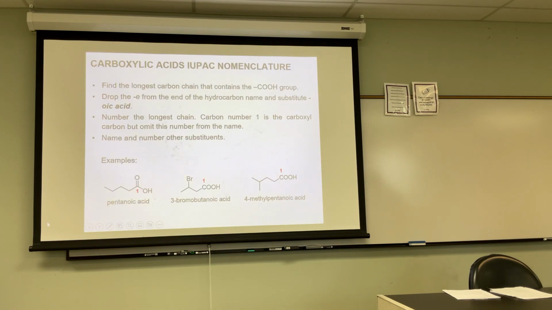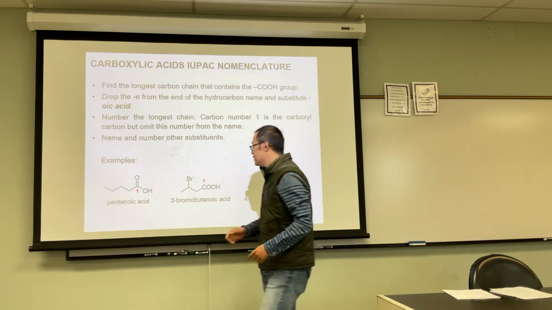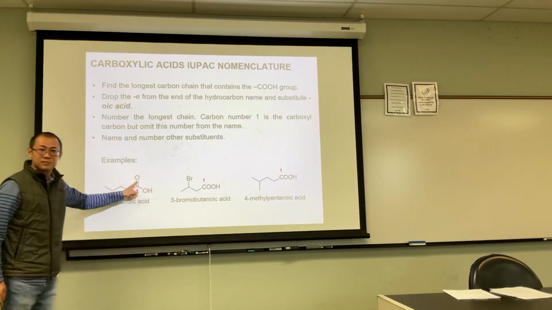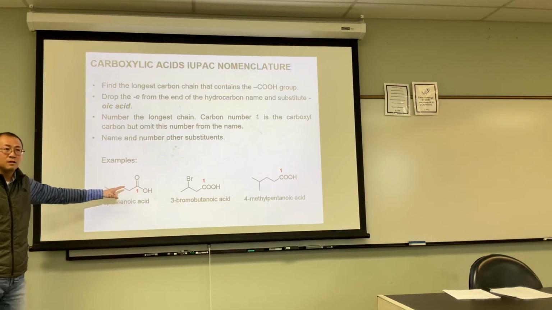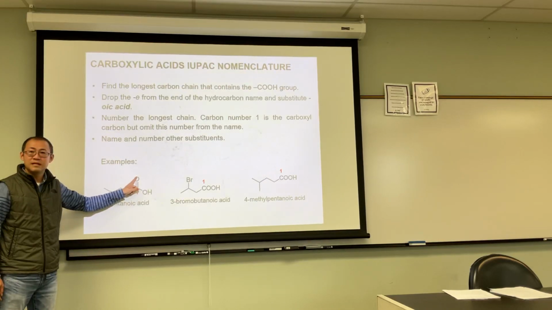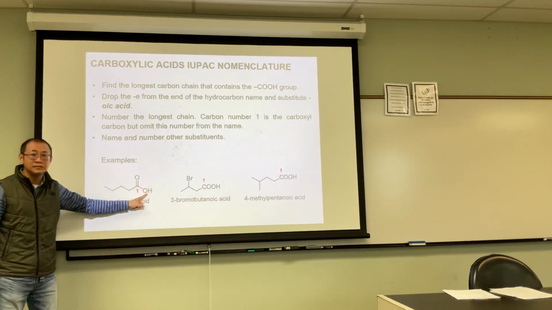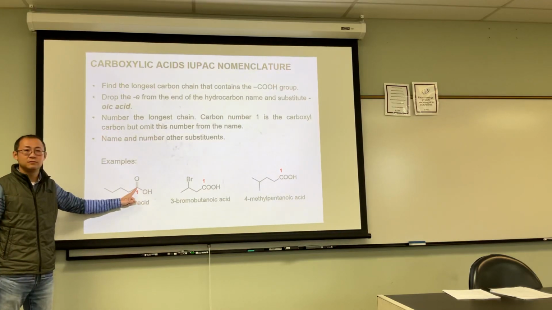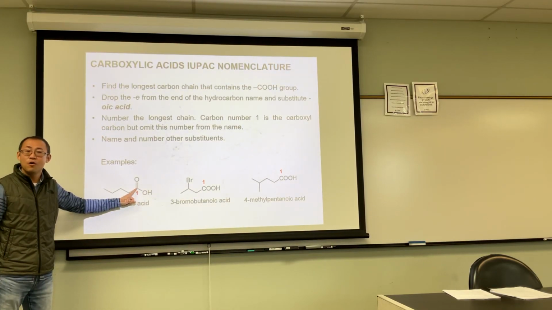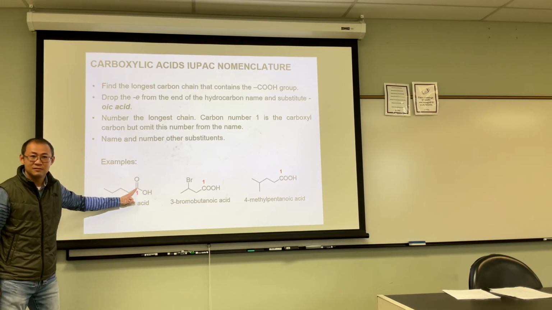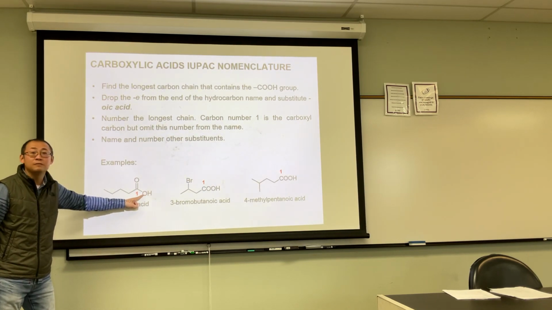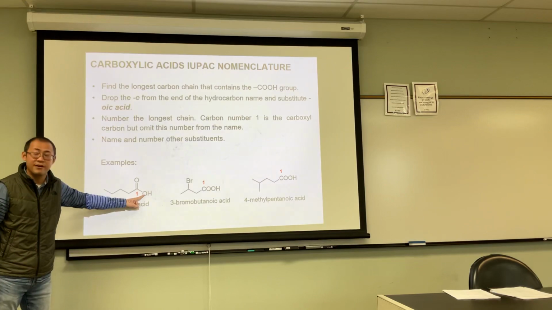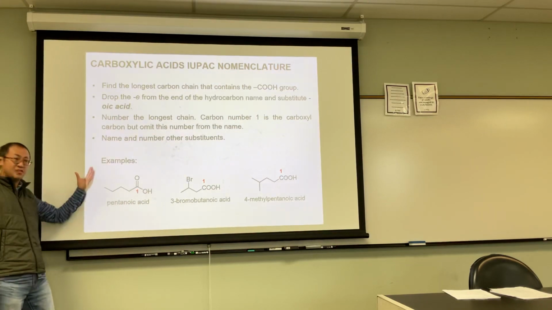Next, naming. Take a look at the functional group COOH. This carbonyl group is bonded to a carbon and an OH. That means this carbon is always at the end. Why? Because it's bonded to an oxygen now. There's no more carbon here, only carbon on the other side.